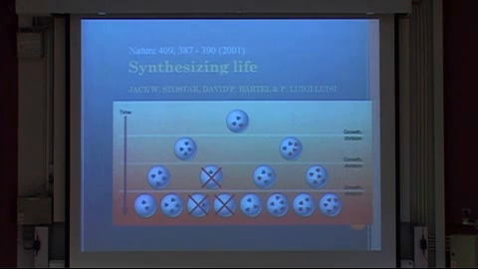And this is part, of course, of this general field which is central to synthetic biology, synthesizing life in the laboratory. The idea that life is an emergent property, namely something that arises by putting parts together, parts which are not living per se.